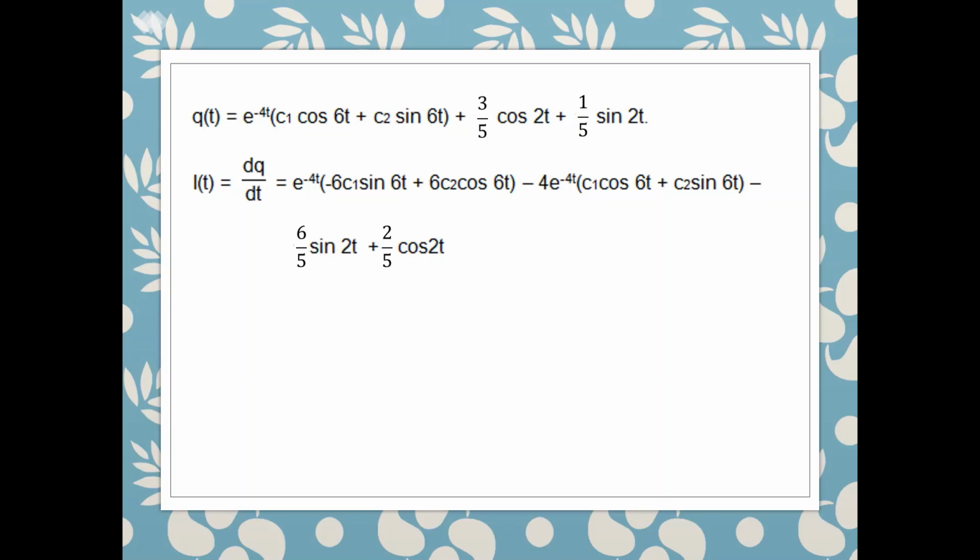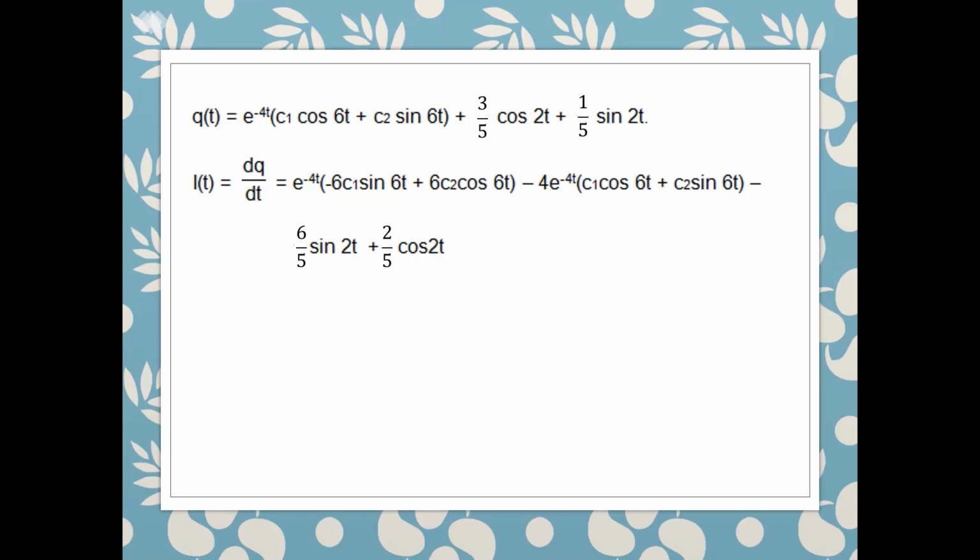You will get e to the power of negative 4t multiplied with negative 6c1 sin 6t plus 6c2 cos 6t, minus 4 e to the power of negative 4t multiplied with c1 cos 6t plus c2 sin 6t, minus 6 over 5 sin 2t plus 2 over 5 cos 2t.